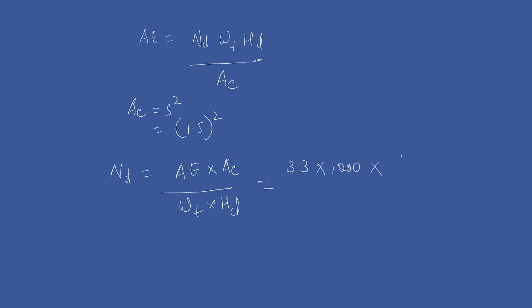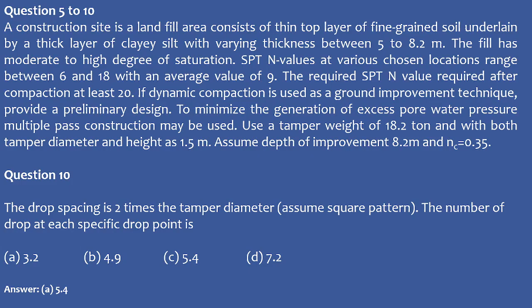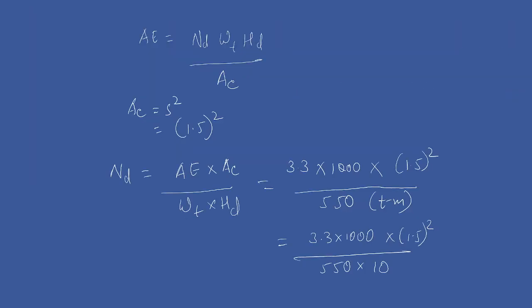A is given as 1.5 meter square. WT is already given, it's 550 ton meter. Since here it's kilojoule and here it's ton, we need to convert into kilonewton. So ton to kilonewton we can just multiply by 10, and I guess this is 5.4, right?